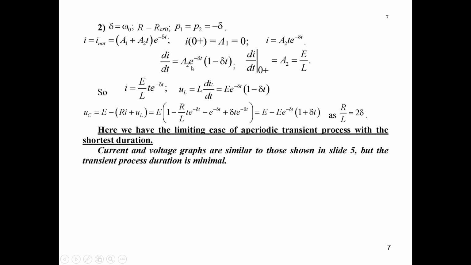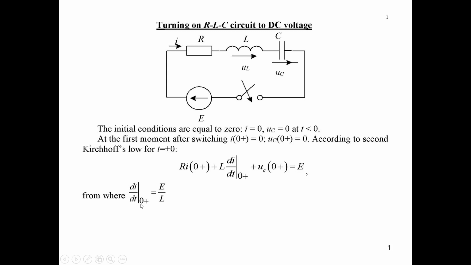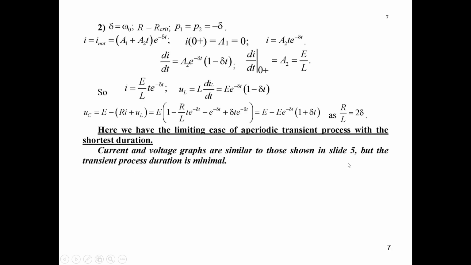Then let's take the derivative from this equation to use the second condition for the derivative di by dt at t equal to 0 equal to E over L. When we take the derivative from this expression, we have the product of two functions of time, so the derivative will be the derivative of the first function multiplied by the second plus the derivative of the second function multiplied by the first.